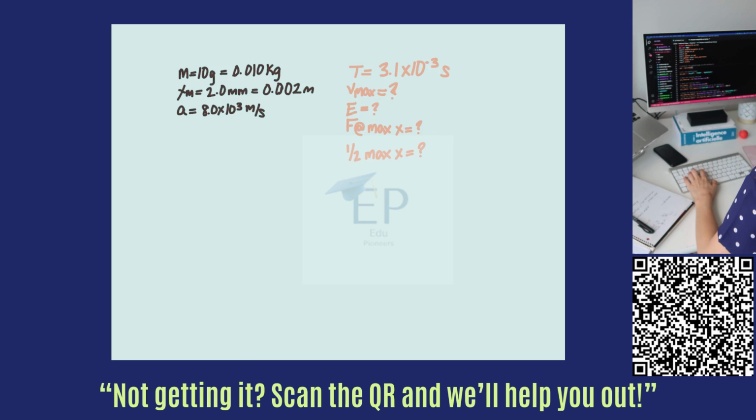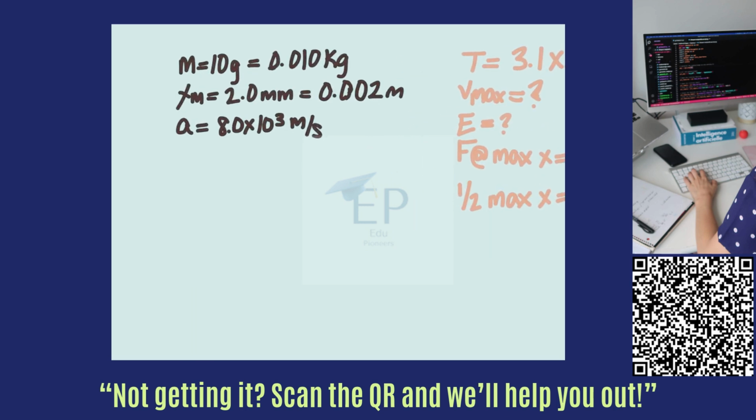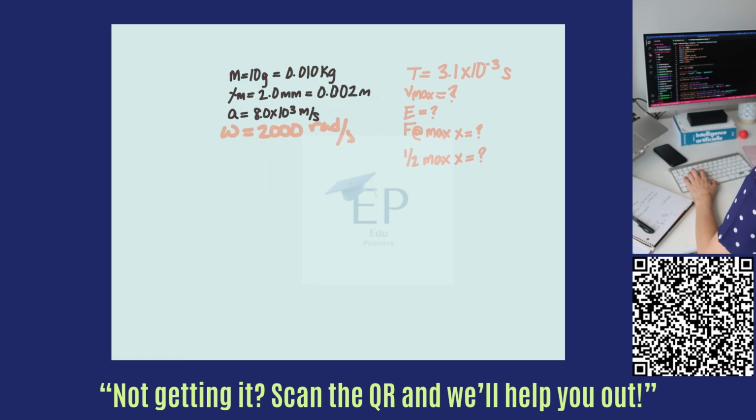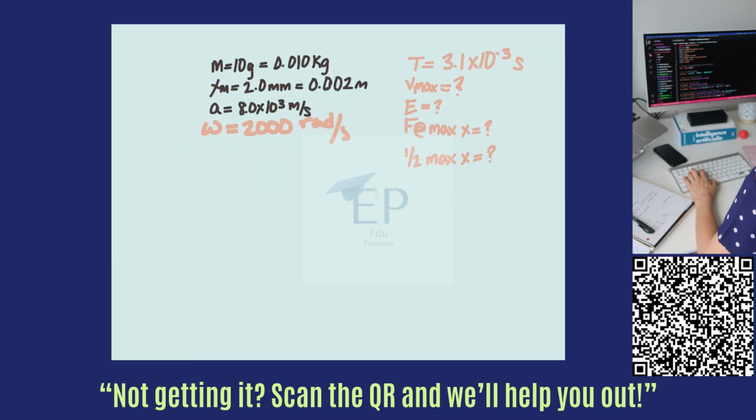Our next part, now that we have our period, is to figure out what our max velocity is. And I'm going to put up here that we also now know that our omega is 2,000 rads per second, because that's something we just calculated and it's going to be useful to have later on.